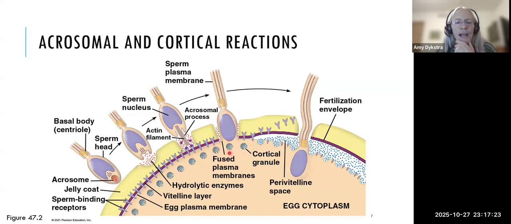And then the cortical reaction, which is the fusion of these cortical granules and release of their enzymes and the clipping off of these receptors, and then the formation of the fertilization envelope. So this is what happens in a sea urchin.